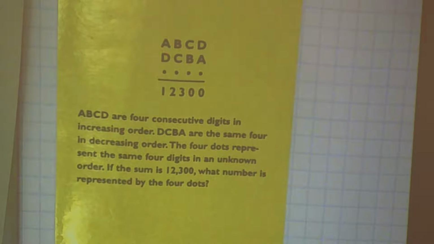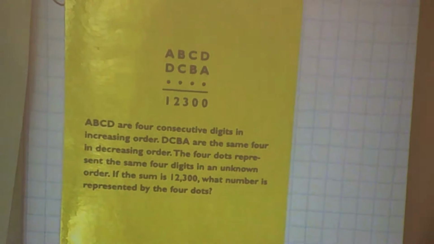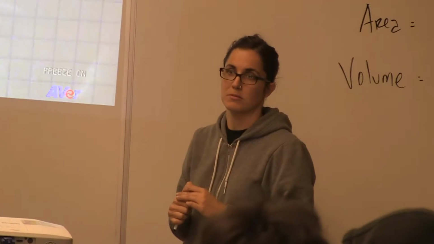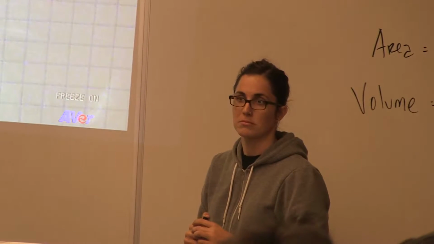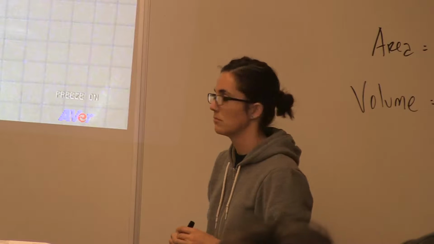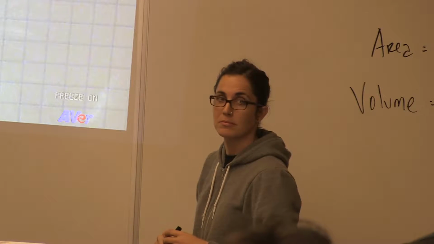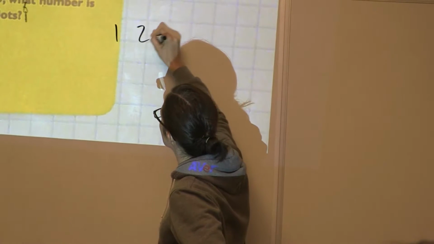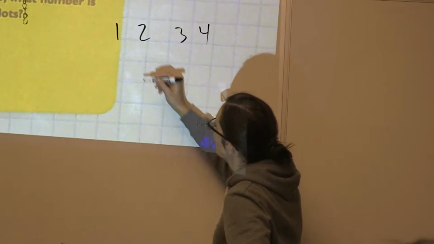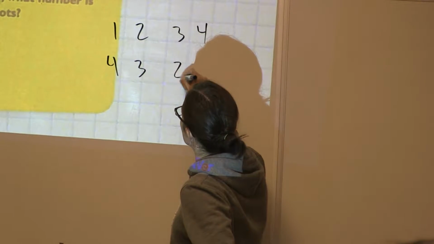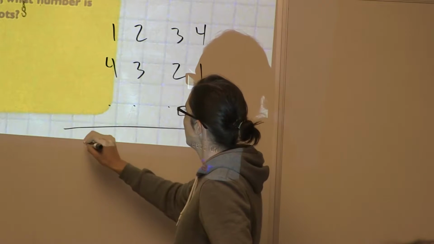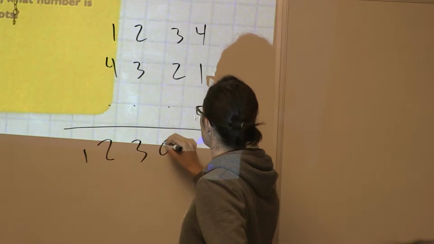They are not necessarily the numbers 1, 2, 3, 4. Someone give me 4 consecutive numbers. 6, 7, 8, 9. Okay, I'm going to do 1, 2, 3, 4. So let's say it was 1, 2, 3, and 4. Then this would be 4, 3, 2, and 1. And then there's something here, and then the sum is 12,300.